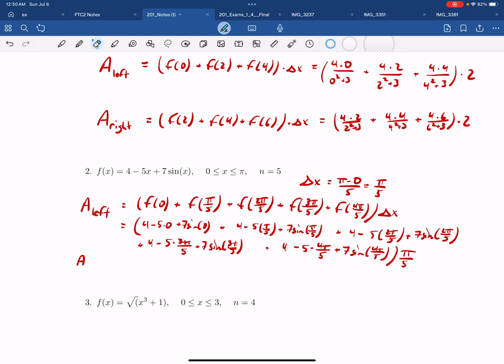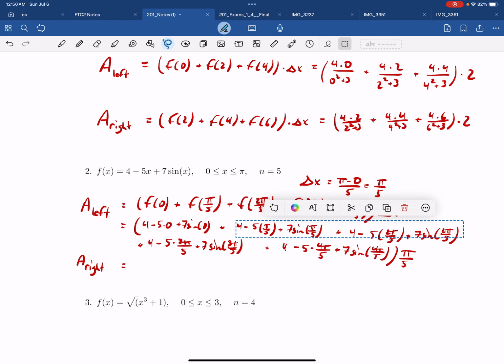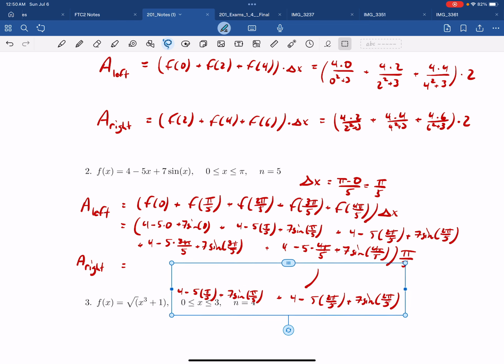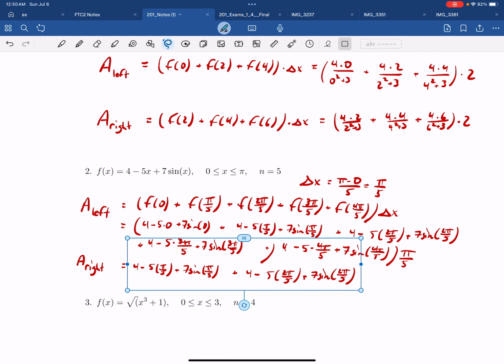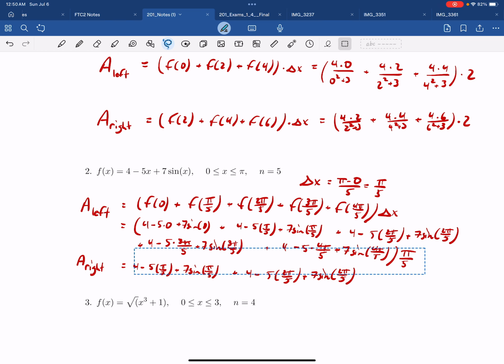A right, so I should make that a subscript, is going to be very, very similar. The one difference is we're not going to have that first term. Let's try duplicating that. Erasing this, whatever.